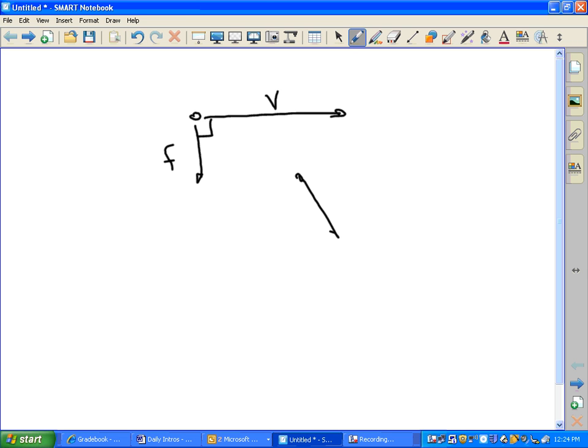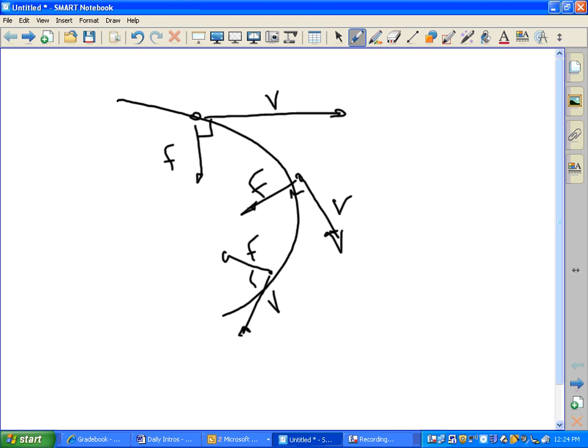And if I have it now moving this way, and I continue to exert a force perpendicular to the direction it's moving, what's it going to do? It's going to keep changing direction. Okay? And I continue to exert a force perpendicular to it. If I do that the whole time, my object will start to go in a circle, as long as I'm constantly pulling it inward.